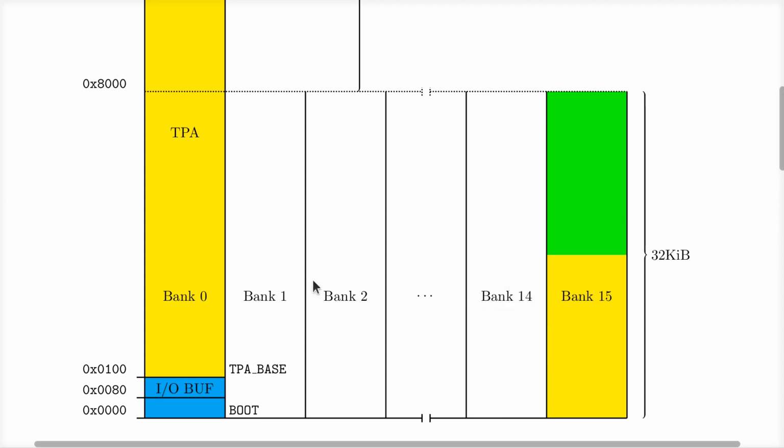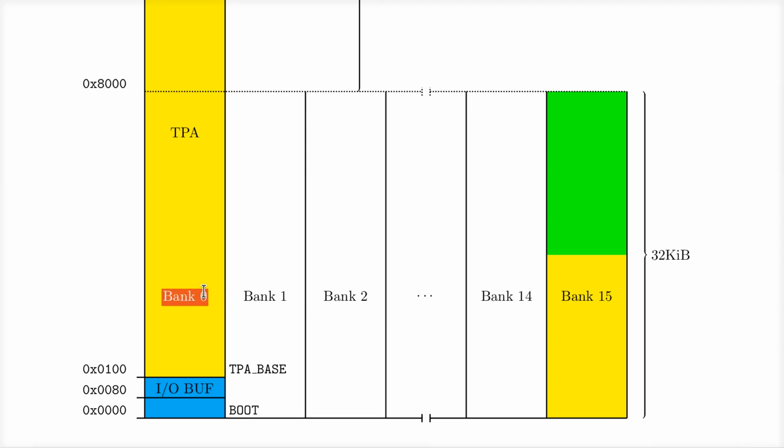Now, as I mentioned last time, it doesn't make any difference which banks I use for what purpose other than this one here, because it's hardwired due to those OR gates we were just talking about. Now, the reason I don't want to use bank 0 down here is because the math for a direct map cache, and just about any cache, works out really nice, provided that the memory and the slots start out at an address that's equal to a power of 2 and whose size is equal to a power of 2.